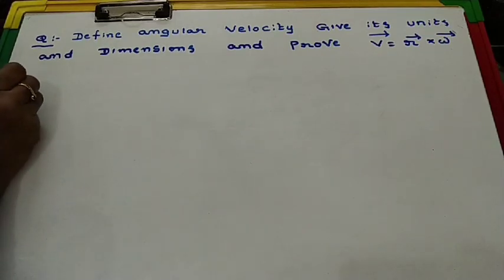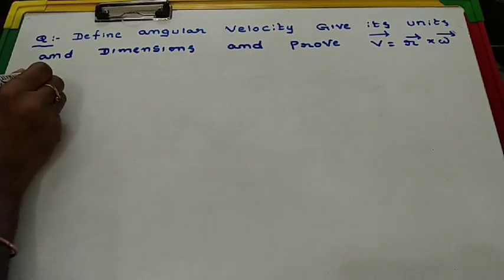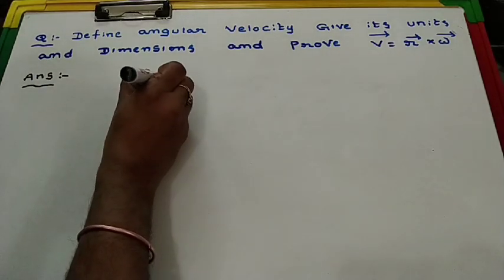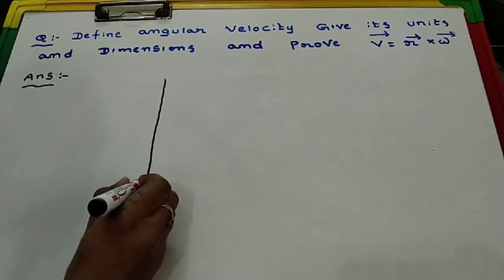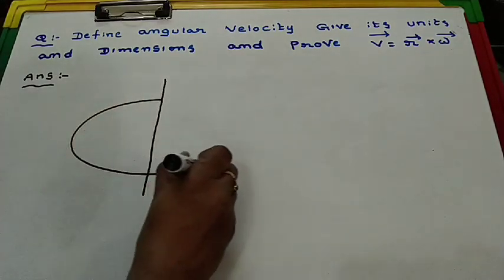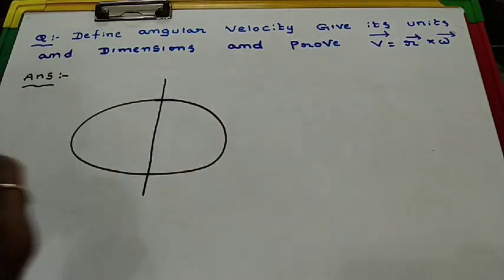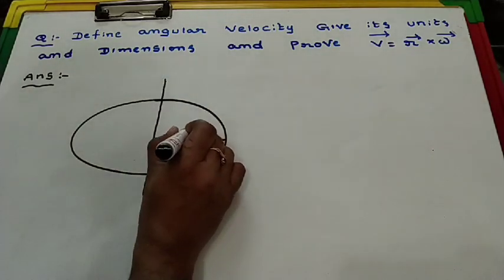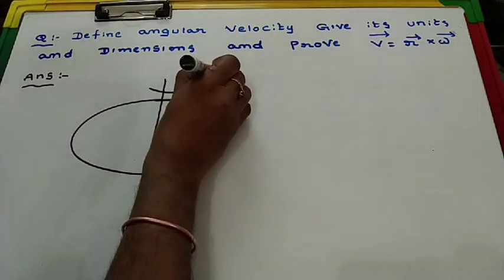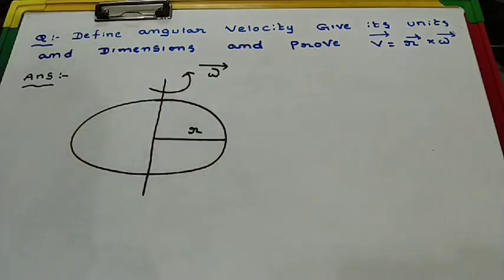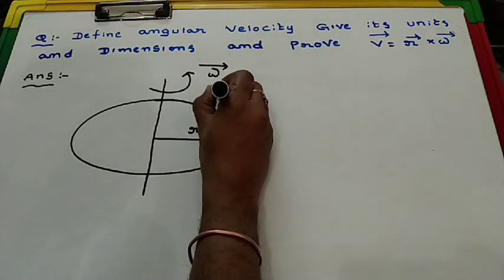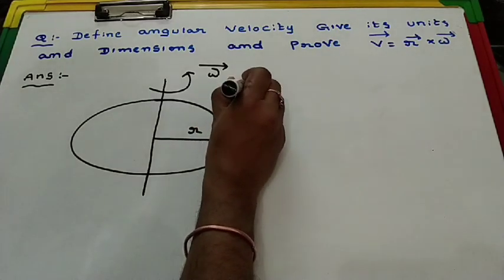Now see the answer. Take a circle. Here this is radius r, in anti-clockwise direction. Angular velocity is there. Now the tangent is the velocity vector.